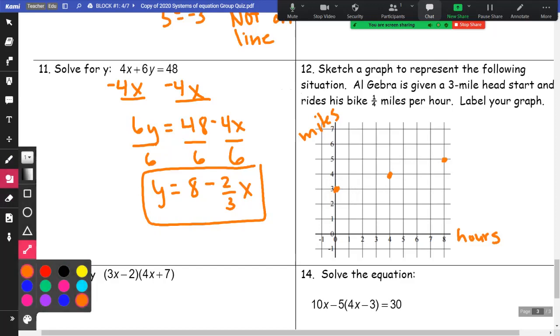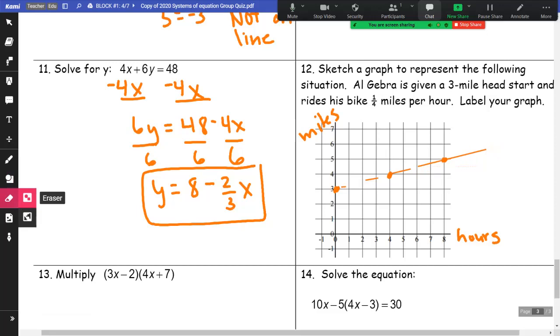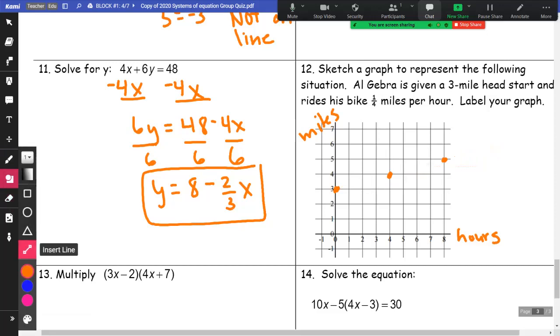And so that is our line. Didn't mean for it to be jagged. Should be solid line. And there's our line.